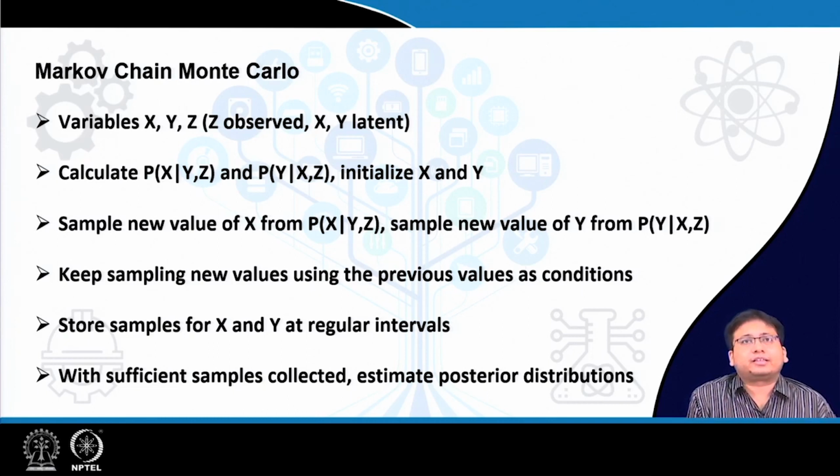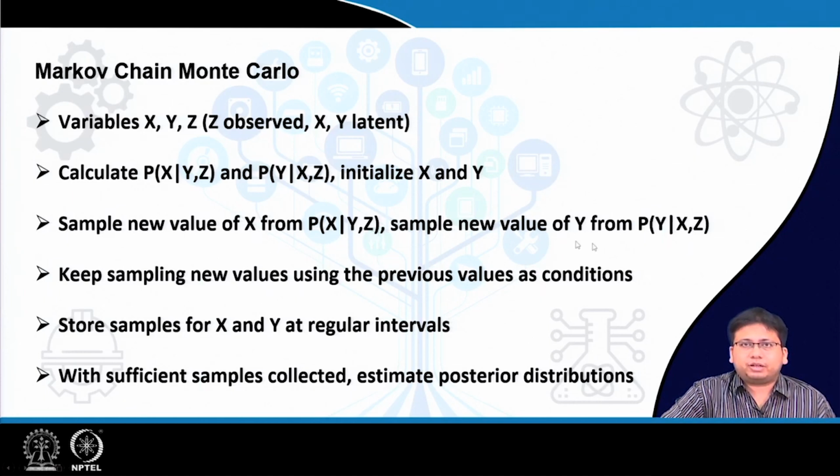Now, we sample a new value of x from this conditional distribution of x given y and z. For z of course, we know the value, and for y we consider the value which we have used for initialization. So, that way we draw a new sample of x and replace the earlier value with which we had initialized x.